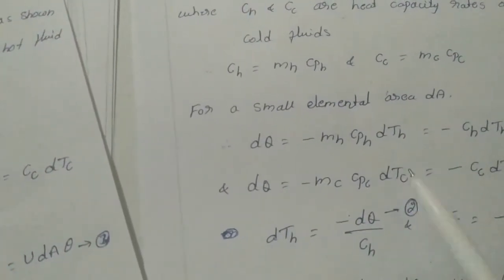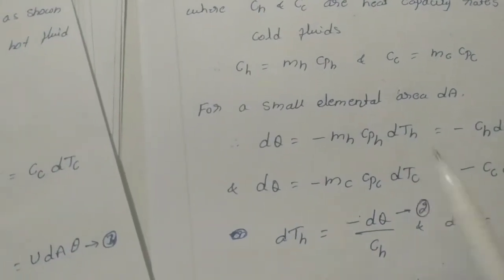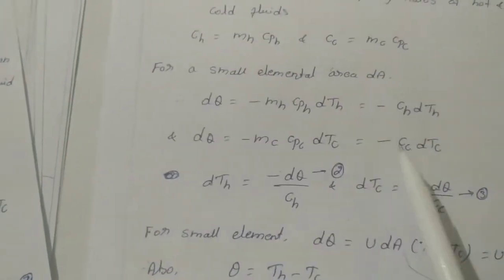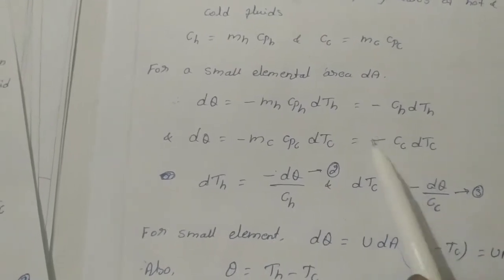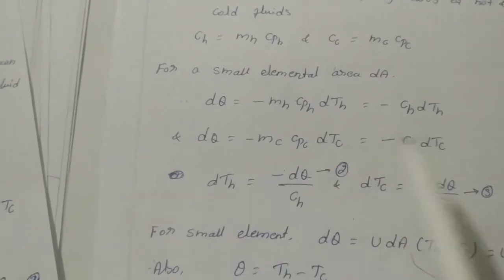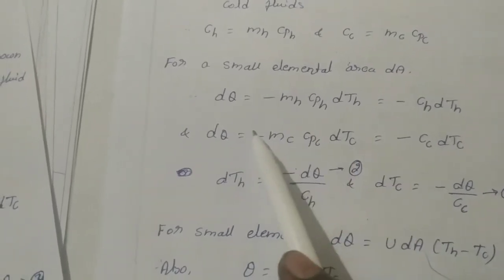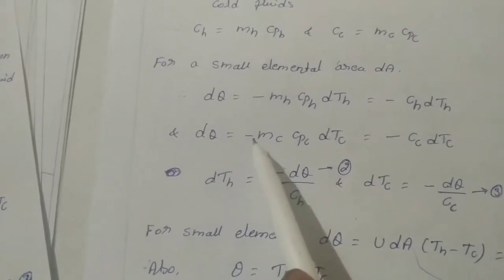We are taking the negative sign for the counter flow because it flows in the opposite direction. So that is minus dTc. This is the difference between the parallel and counter flow heat exchanger derivation. For the parallel flow this will become positive, but for the counter flow this will become negative, that is the only difference.